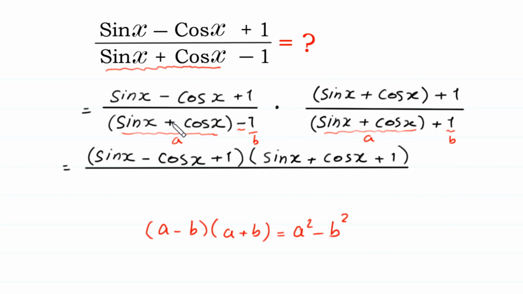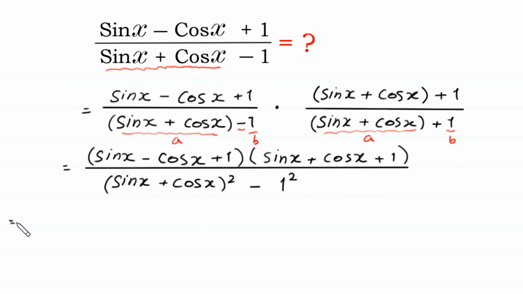This sin of x plus cos of x minus 1 times sin of x plus cos of x plus 1 is equal to the square of first term, sin of x plus cos of x whole square, minus the square of the second term, 1 square.